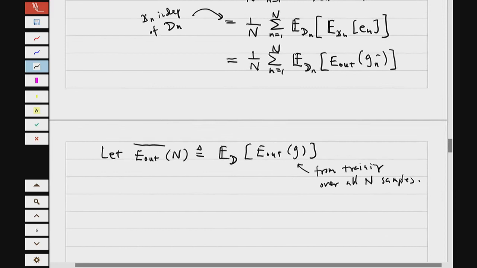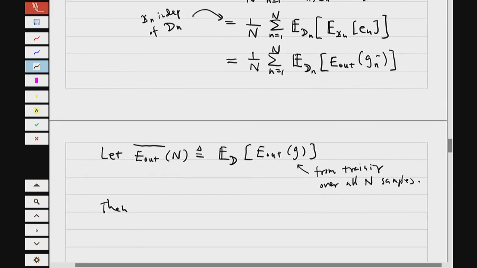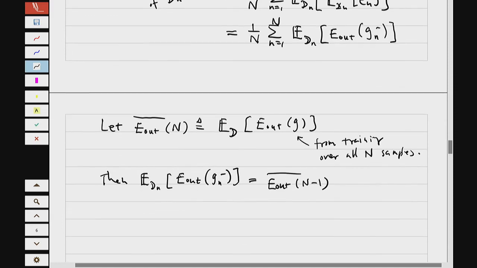So now I can write E D, and let's say this is E out, minus 1.